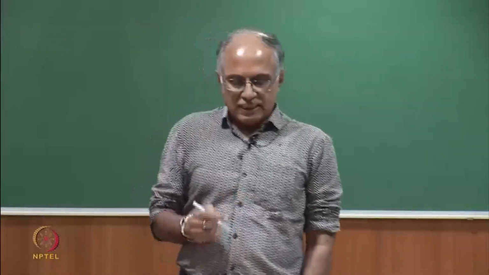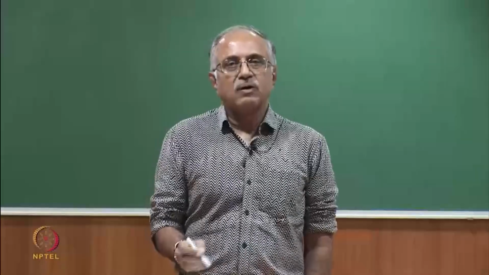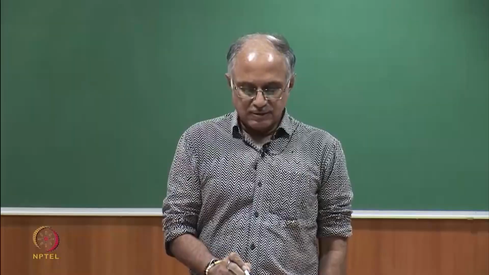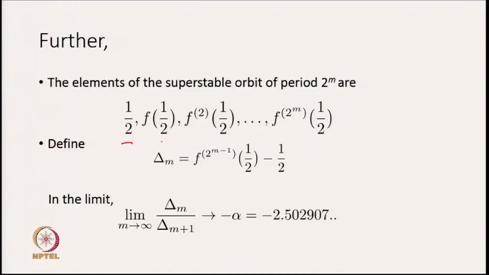Furthermore, what are the elements of a superstable orbit of period 2 to the m? You start at a half, you map to f of a half, f2 of a half, and so on, all the way up till f to the 2 to the m of a half, which is equal to a half.